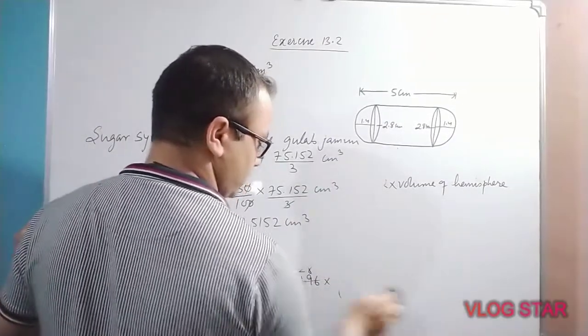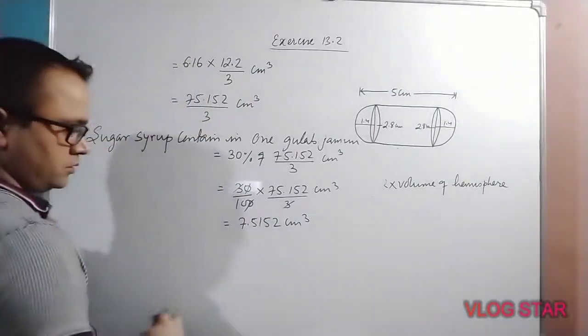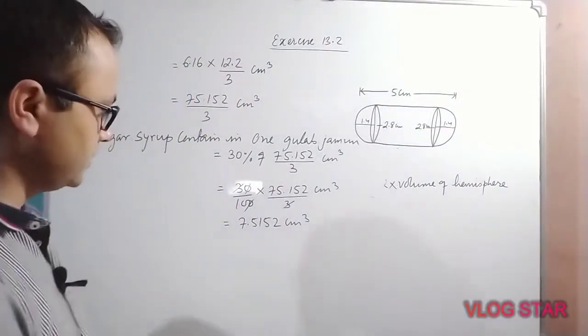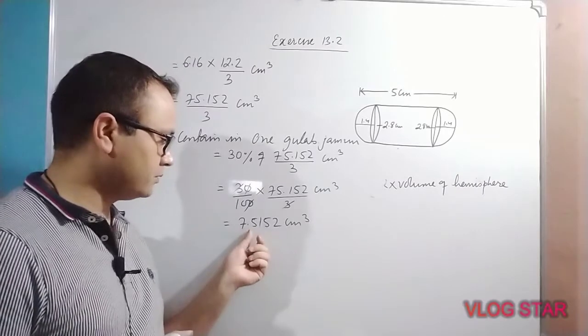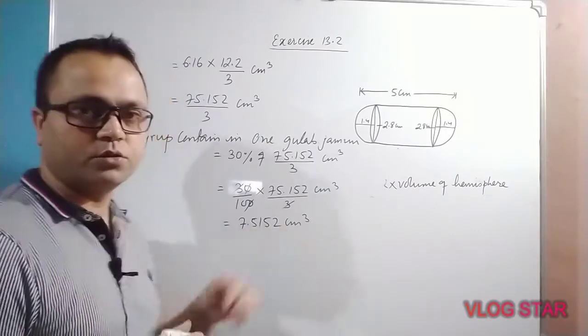In 1 gulab jamun, the sugar syrup contained by volume is 7.5152 centimeter cube.